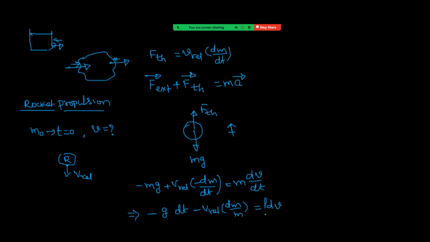Okay. Now integrate. When time t equal to 0, mass was m naught. At time t, mass is m. Initial velocity take it as u, final value v. Now see the calculation part.